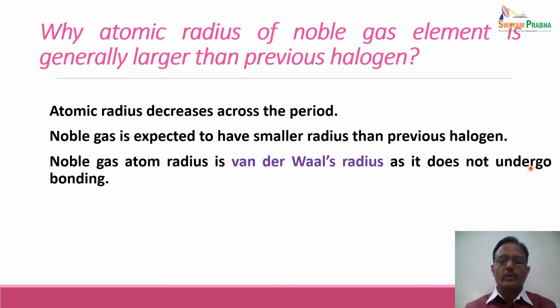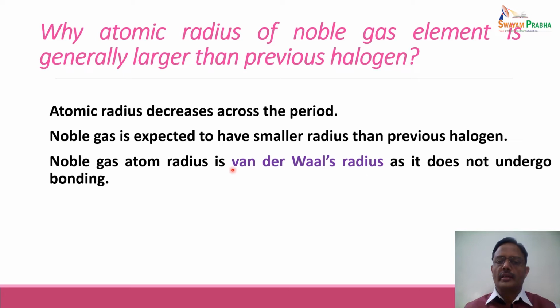However, we know that noble gases do not undergo bonding, so these elements remain as monoatomic gases, and hence the radius we consider in the case of noble gases is the van der Waals radius.